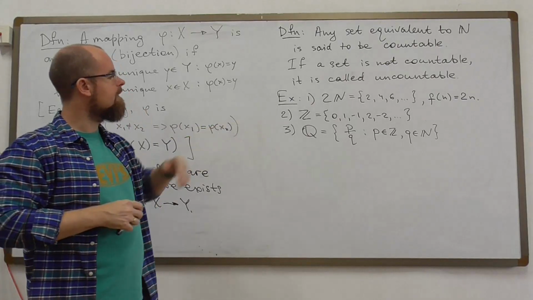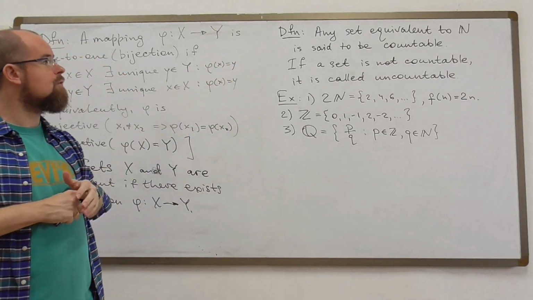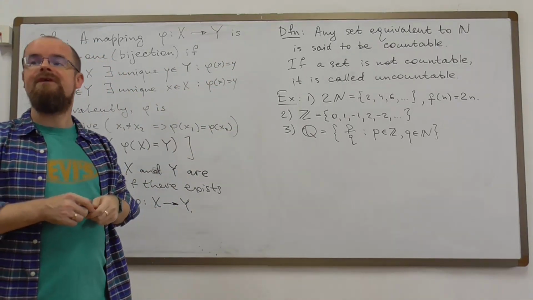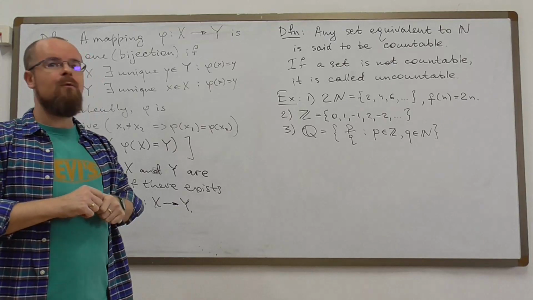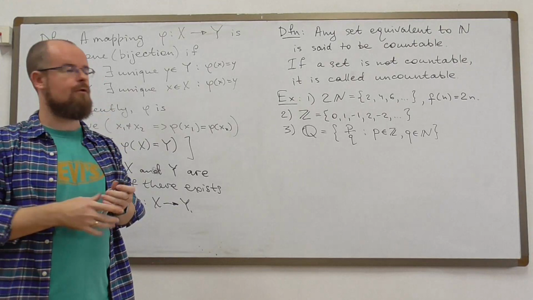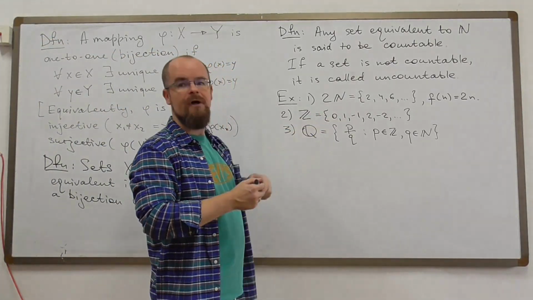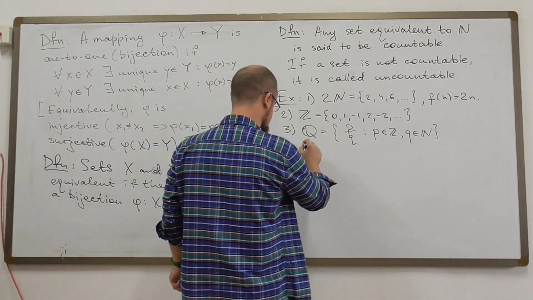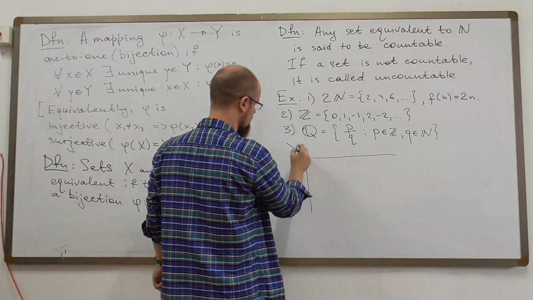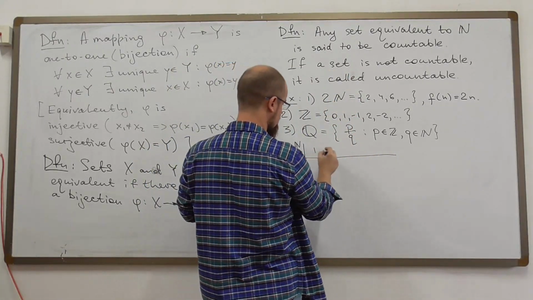To prove that the set of rational numbers is equivalent to the natural numbers, which means that the set of rational numbers is countable, we will present an algorithm for counting. Since we have two parameters, let me write down a table. Over here, I will write down the natural numbers.